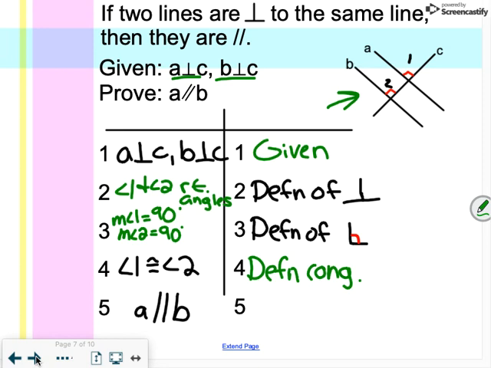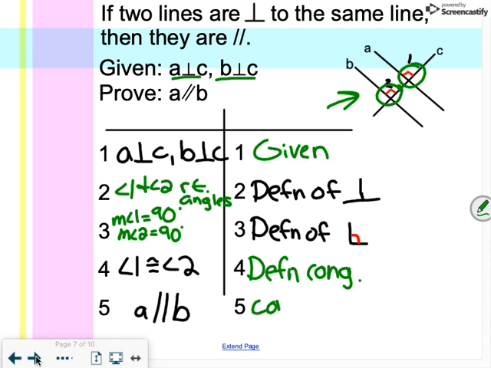And so now if we look at the picture up here, noticing what type of angles angle 1 and angle 2 are, if we think about angle pairs, looking at those two intersections, notice angle 1 and angle 2 are in the same spot. They are what we call corresponding angles. And so our reason here why we know these lines are parallel, when we are trying to prove lines are parallel, we're often using a converse of something.